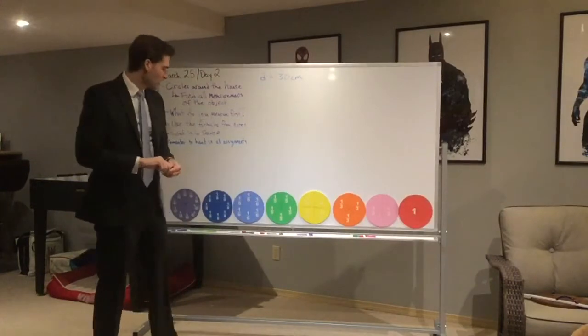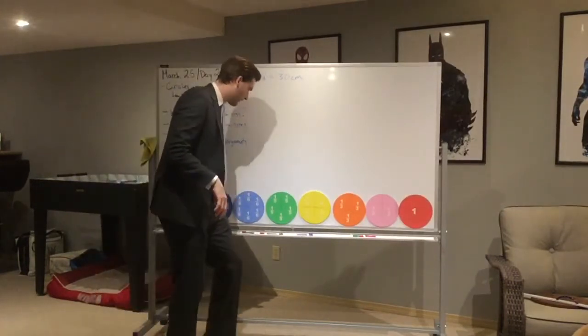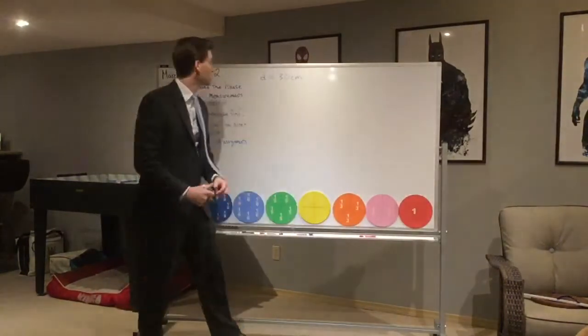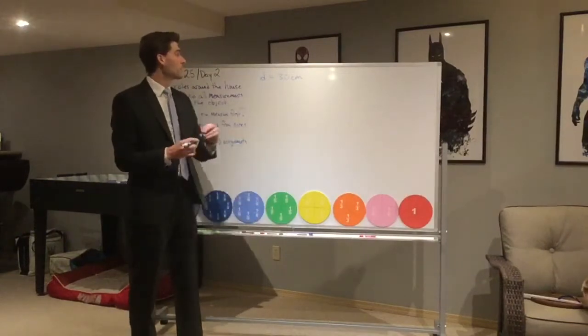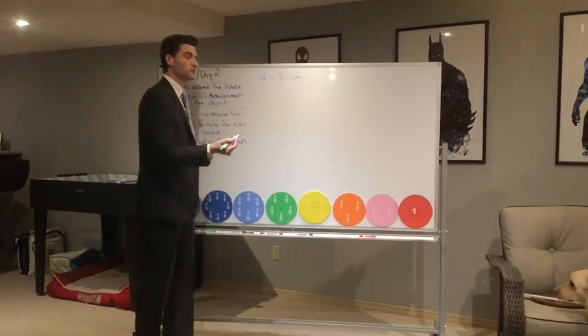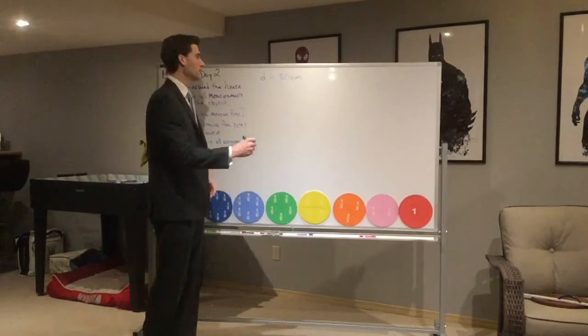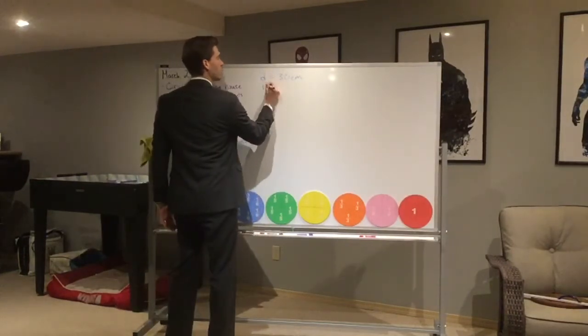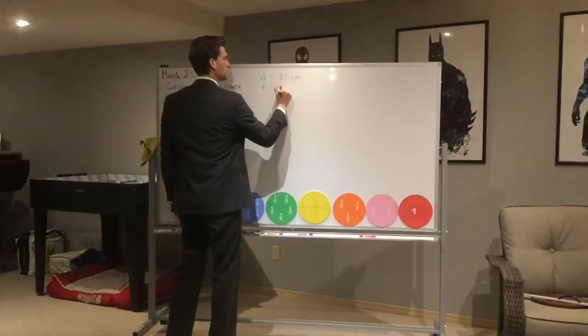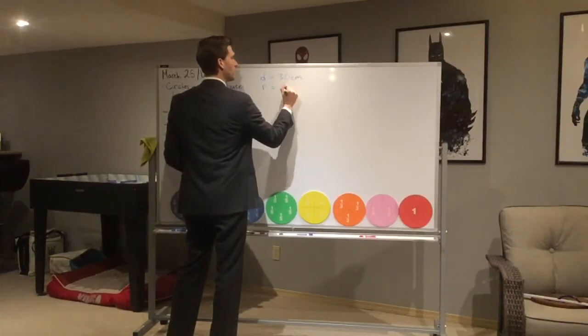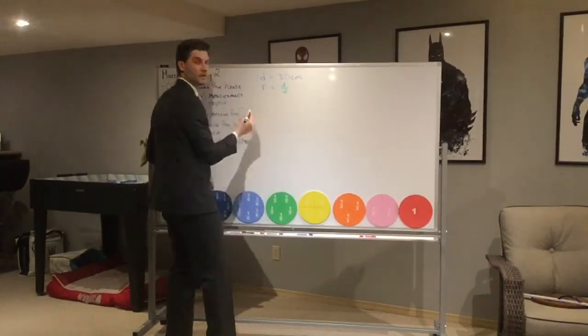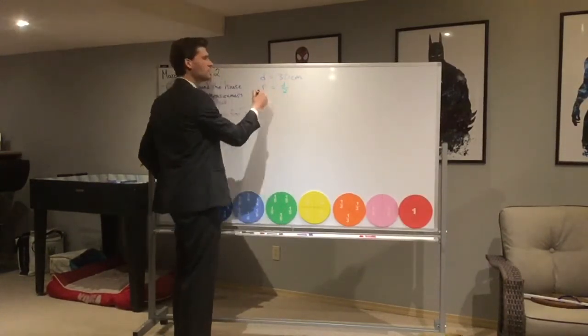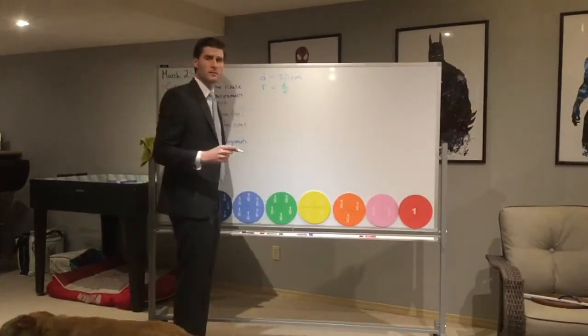To find other things, I can now go off of that. Let's use green because that blue's not as nice. I'm going to look at the radius. The first thing I do is write down the formula: the radius r equals the diameter divided by 2. Remember that line means divided by. Then I just fill in the pieces that I know.